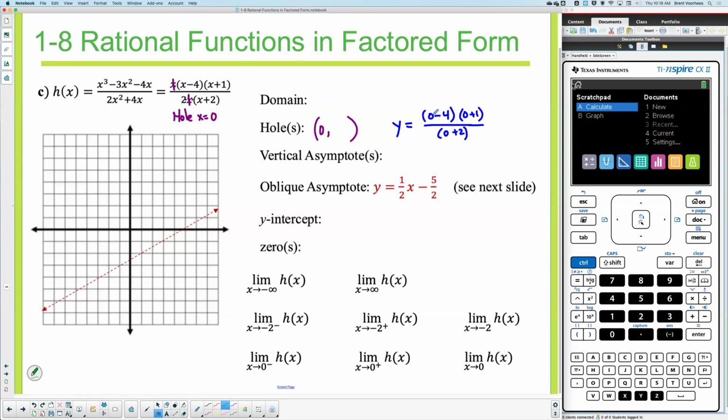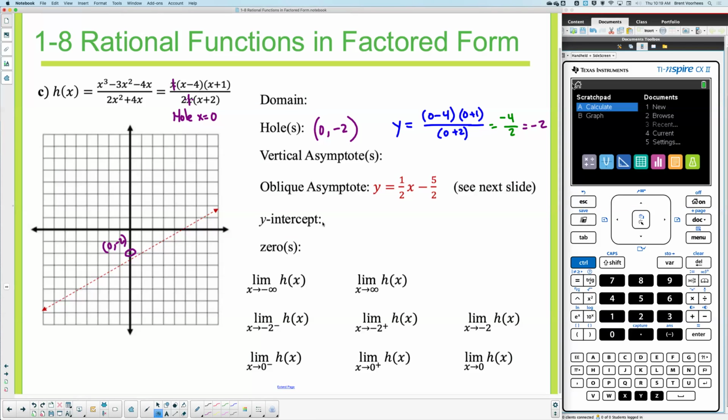What is 0 minus 4? -4. So it's -4 times 1, which is just -4 over 2. What does that simplify to become? -2. Very good. That's going to be a -2. So 0, -2. Go down 2 units and do an open circle right there. There's my hole. That is 0, -2.